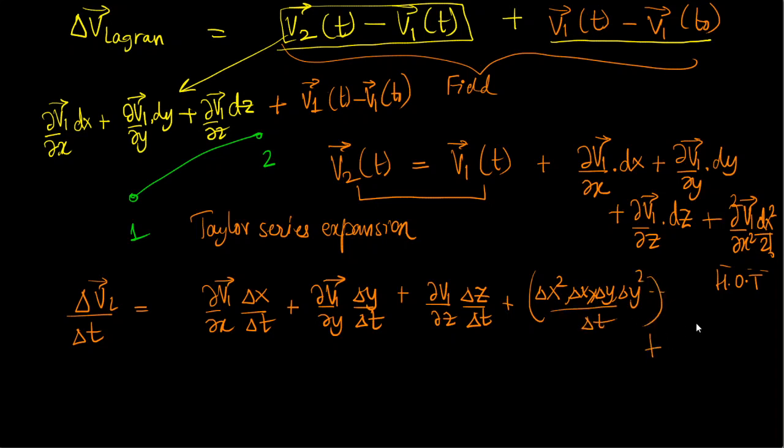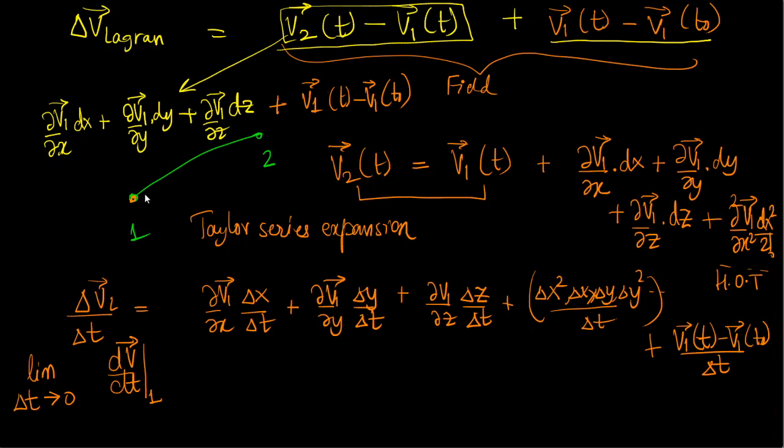What will be the additional term? It will be v1 at t minus v1 at t naught divided by delta t. So in the limit delta t goes to 0, delta v Lagrangian by delta t becomes dv dt as seen by the particle at location 1. It is the rate of change of the velocity vector at particle 1.